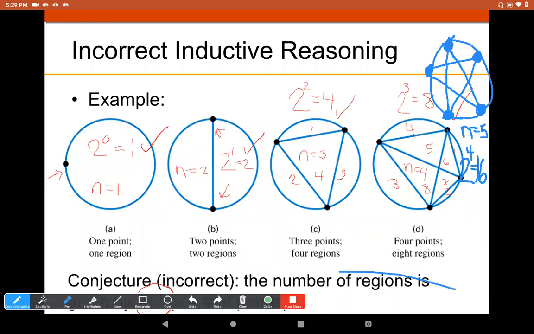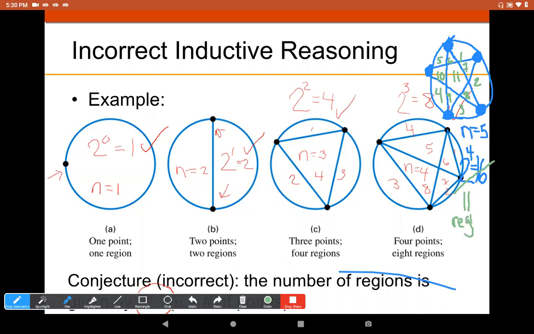Okay, so we have 1, 2, 3, 4, 5, 6, 7, 8, 9, 10, 11. We only ended up with 11 regions there. So in this example, n equals 5, we actually have only 11 regions.